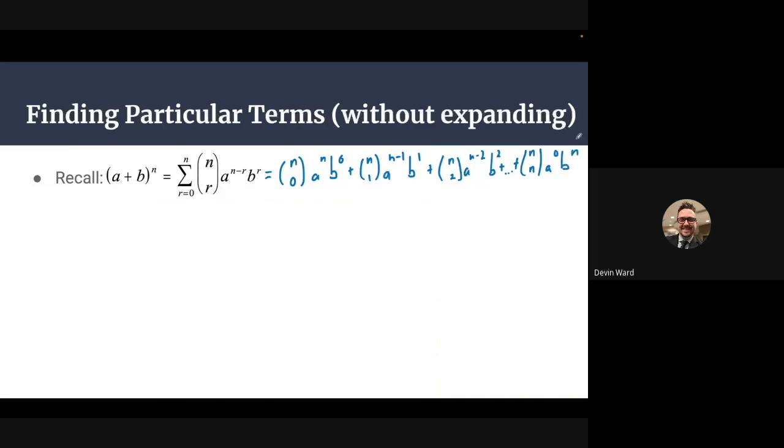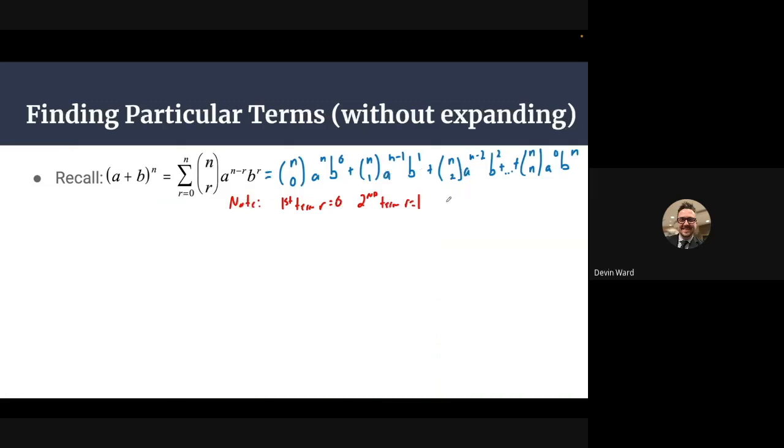Okay, so just a couple things to note here. For our first term, r equals 0. Then for the second term, r equals 1.